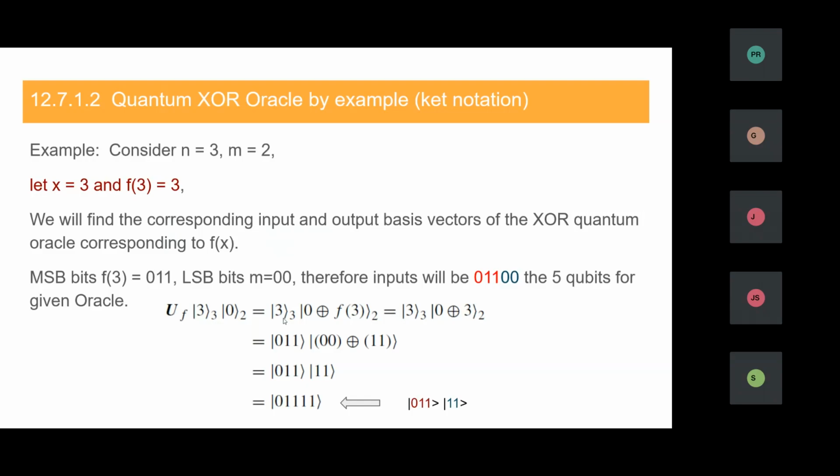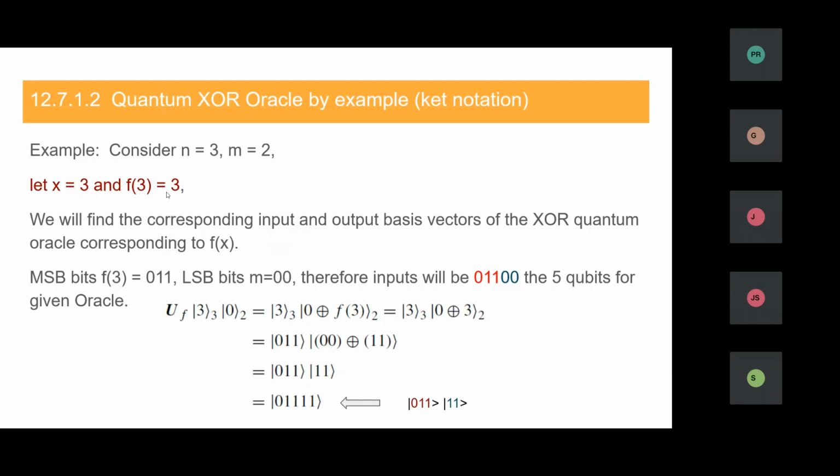The 3 bits of 3 will be as they are. The 2 bits of 0 will be operated on by the function, right? 0 exclusive or f of 3. Remember, because the input is 3, it will be f of 3. And I know that f of 3 is given to me to be equal to 3.